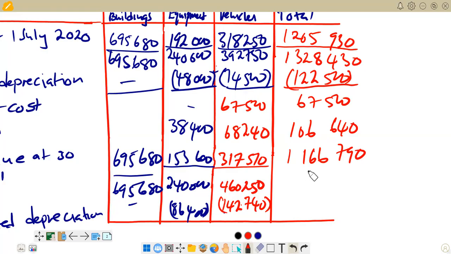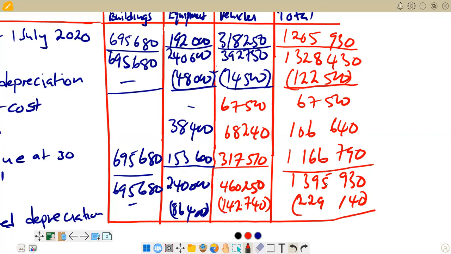You get 1,395,930. Then we add this one, you get 229,140. Then obviously, if you subtract here, you say this one and this one, you're supposed to get this one. So that's what we have in that note.